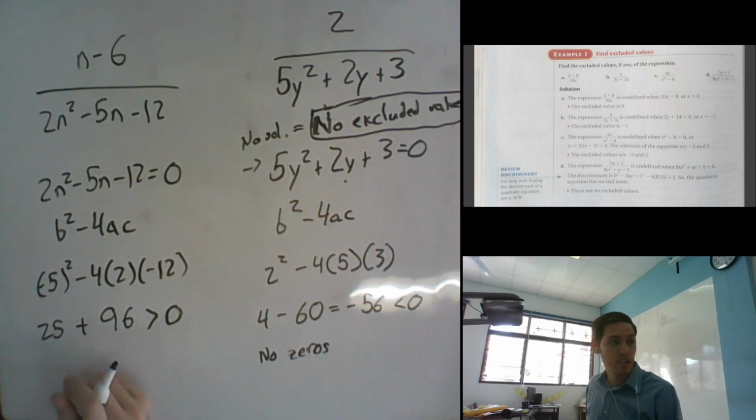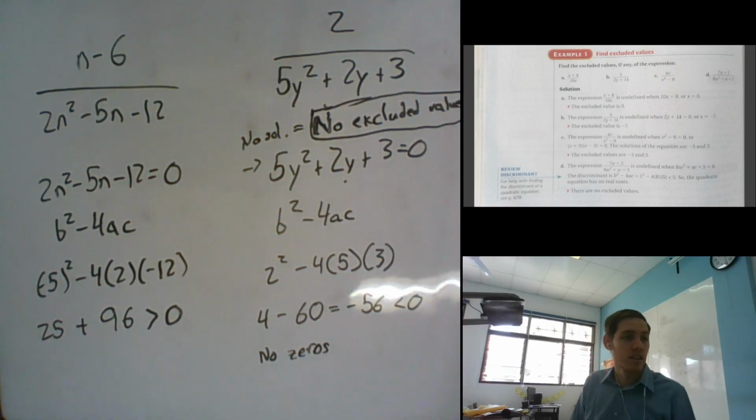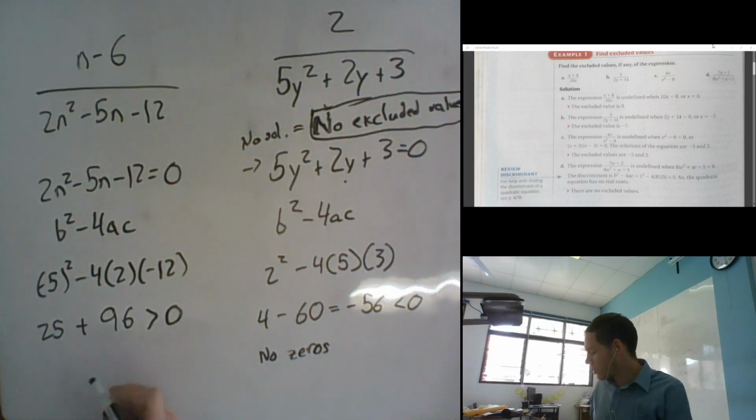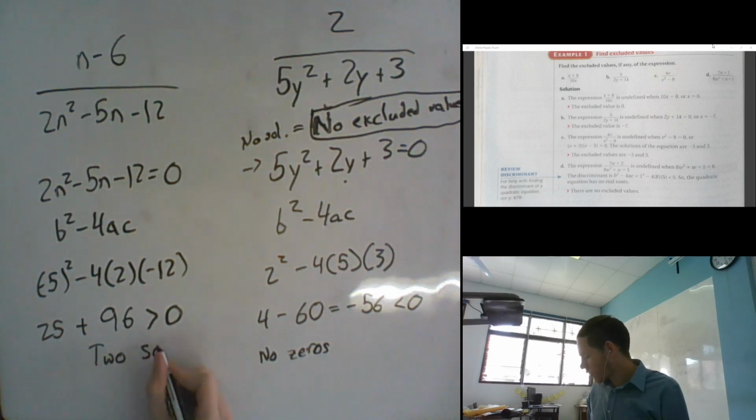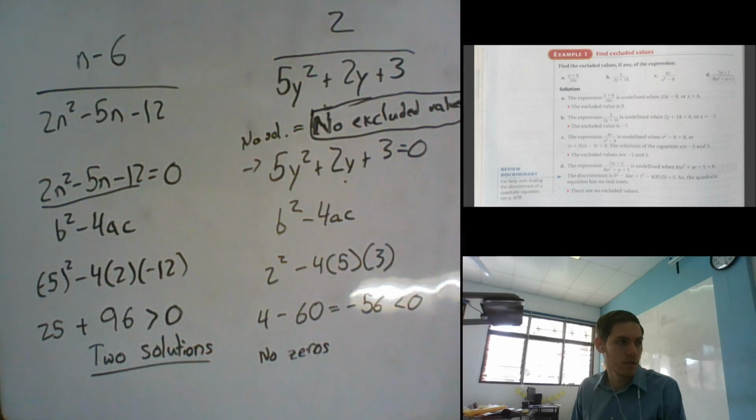It is too blurry to see the numbers. Well, I used it to solve. If it's larger than 0, we have two solutions. Two solutions means this.